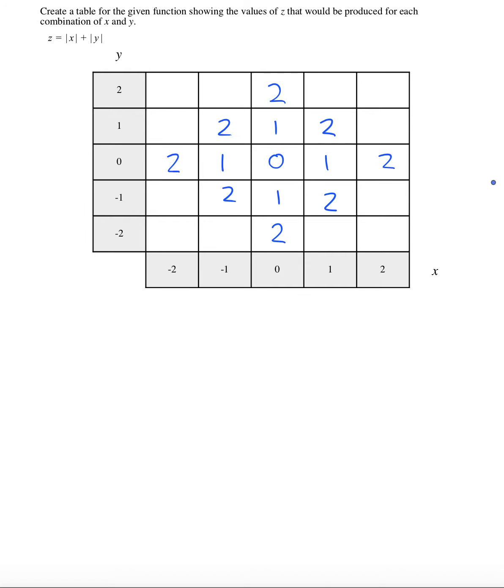Alright, so we can see a sort of diamond pattern emerging. And it looks like that pattern's just going to keep building outward. Alright, and I'll use the convention of just shading in dark squares for low elevations.